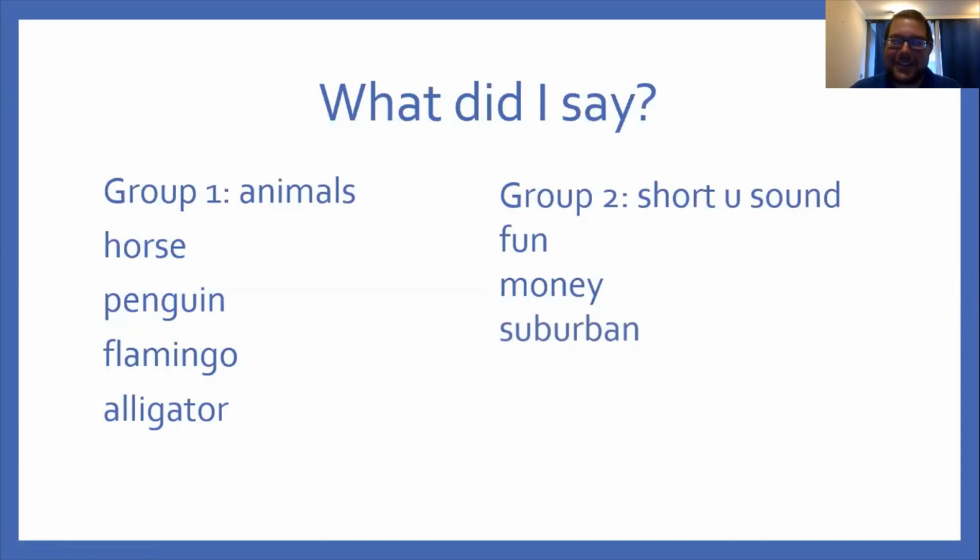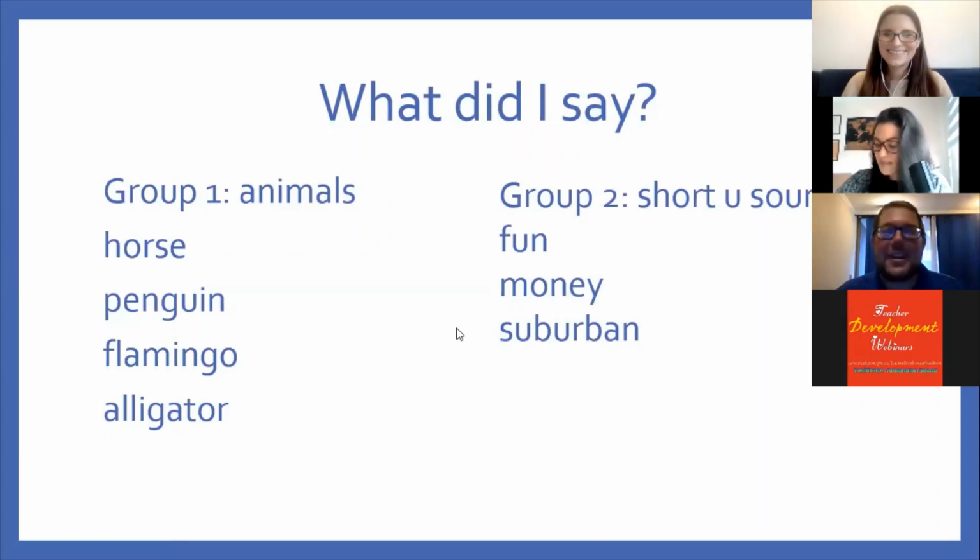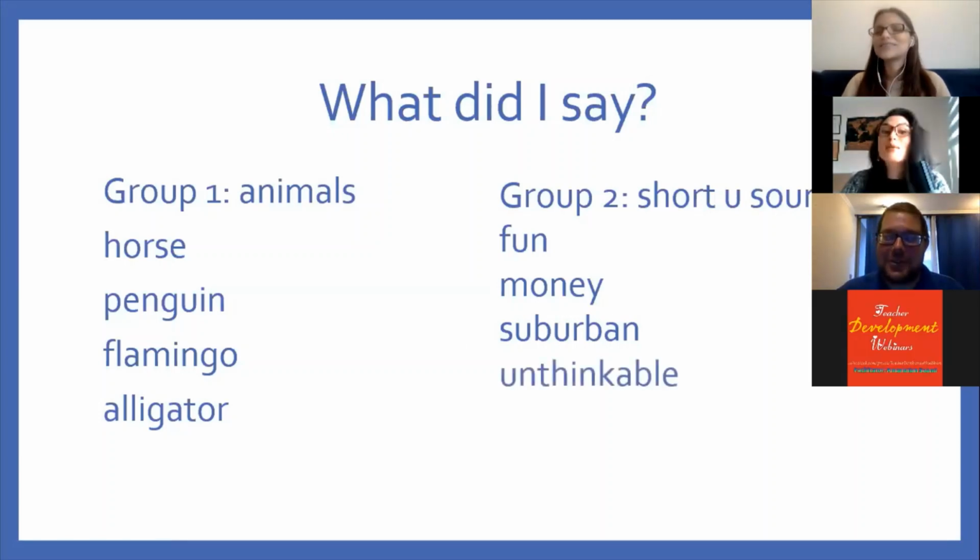Suburban, right? And then we will try the last one. This is probably going to be too difficult, but we'll try just for the experience, right? Any ideas? No? Okay. So, unthinkable was what I was saying.